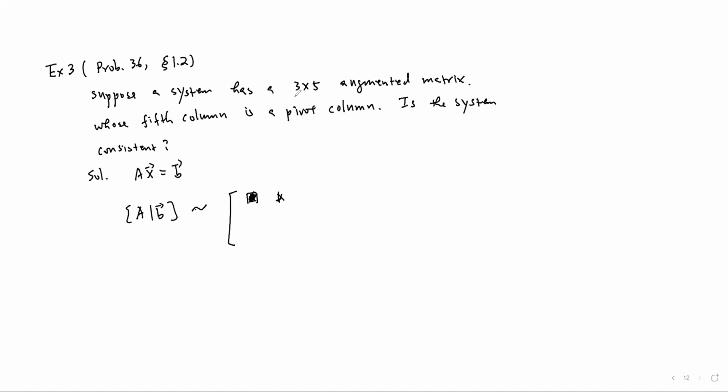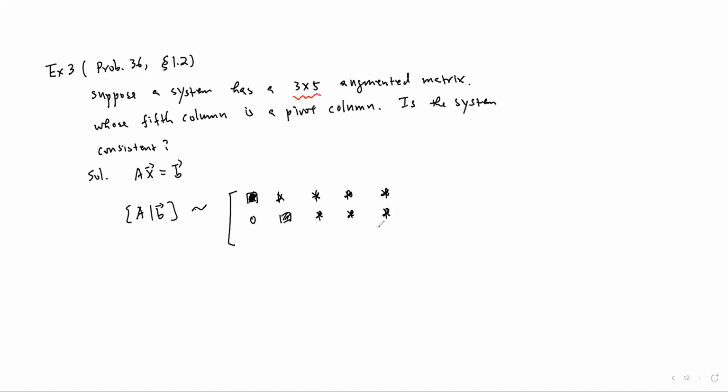The size of the augmented matrix is 3 by 5. So star, then star, 5 entries, yes. And then 0, star. Now the last column is a pivot column. What does it mean? The last column contains a pivot entry.